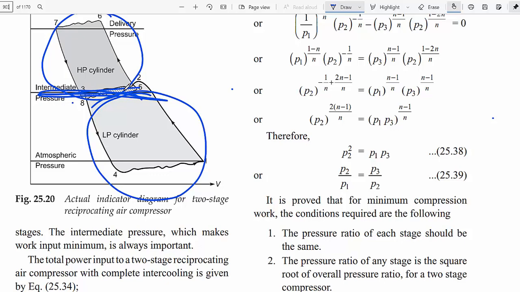Therefore the pressure plays a major role for both the LP and HP cylinders. Okay, therefore one clue.